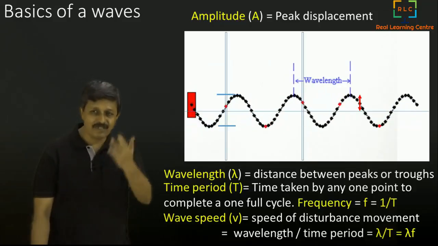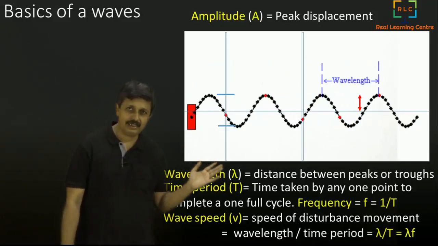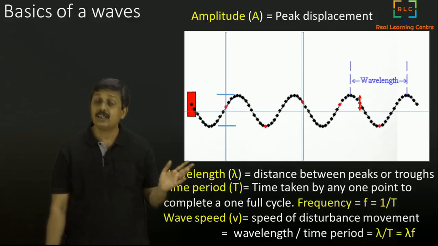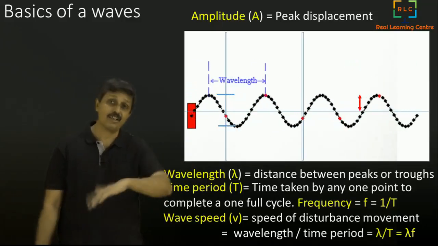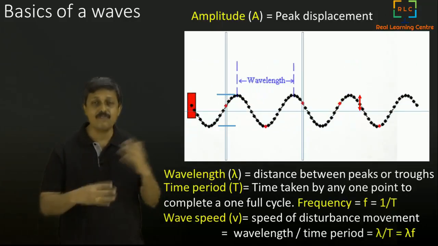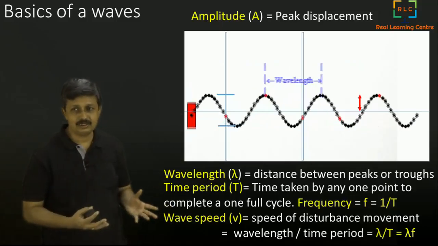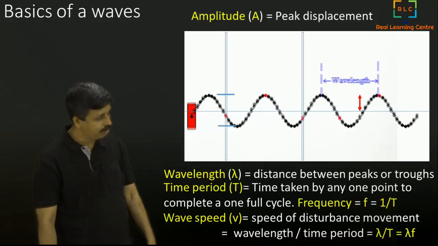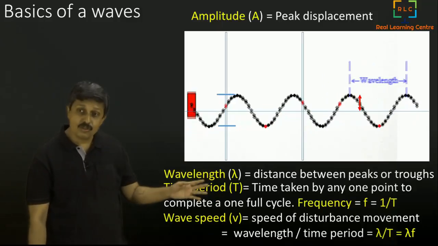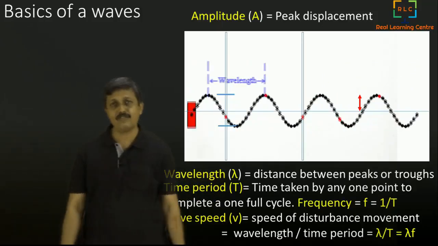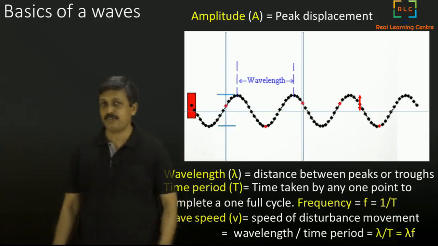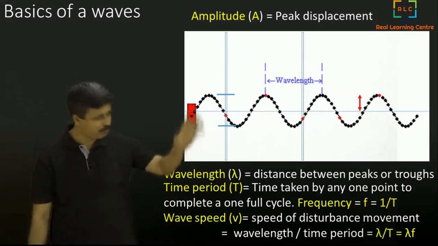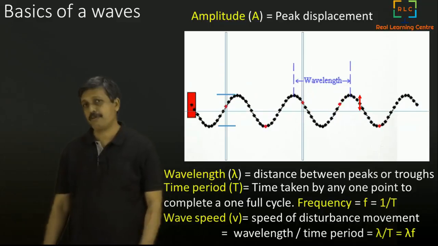And we also figured out in the previous oscillations class that time period and frequency are reciprocal to each other, and how often it vibrates is frequency. Hence, wave speed is nothing but frequency into wavelength. These are some of the basics of wave.